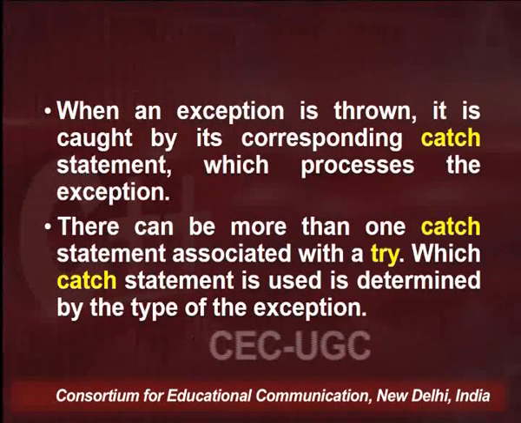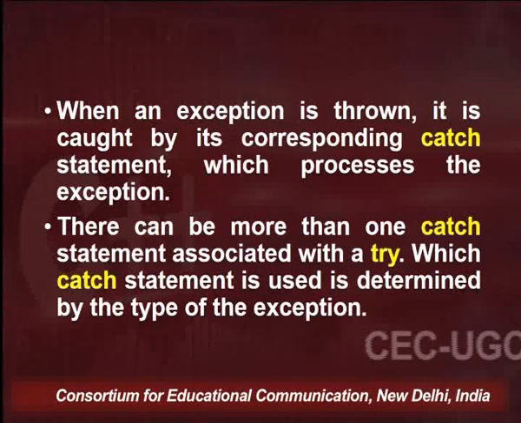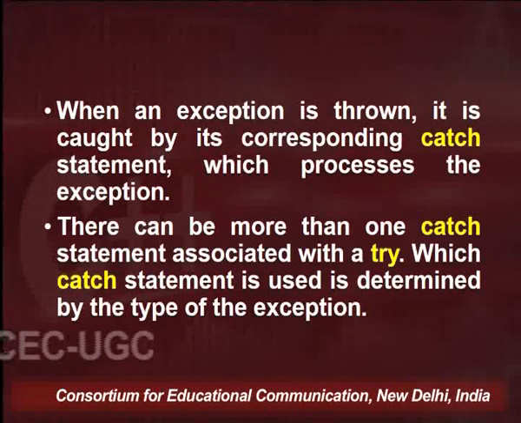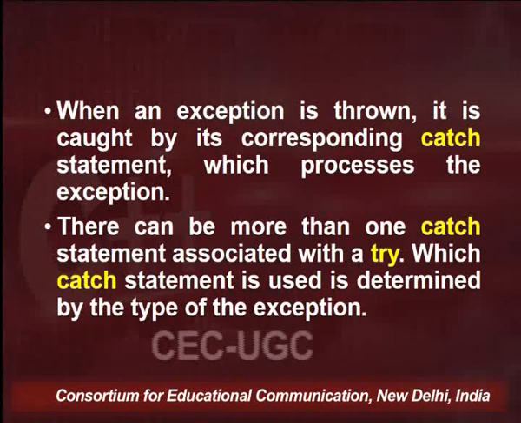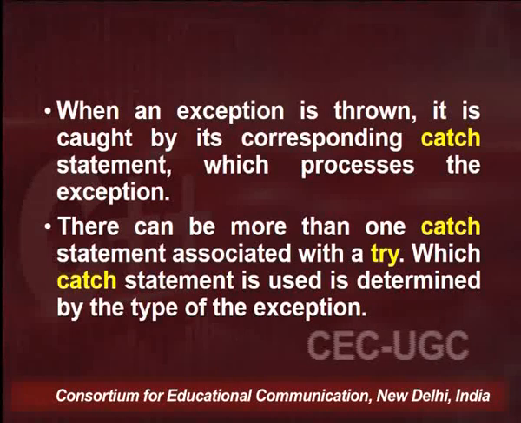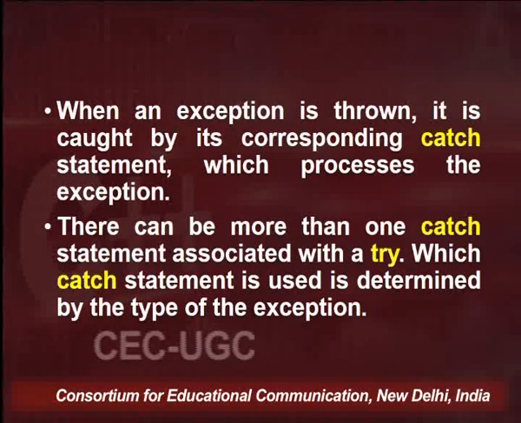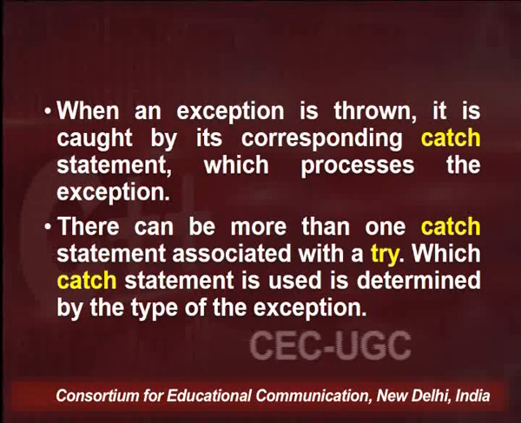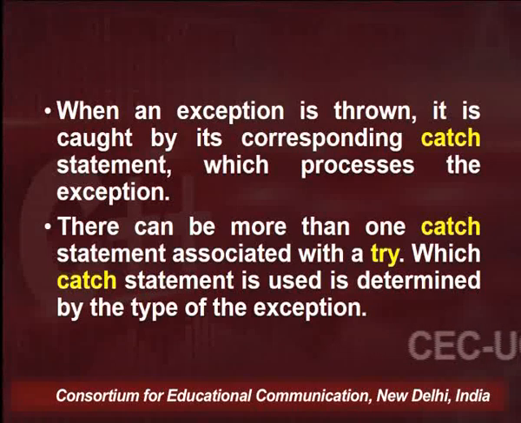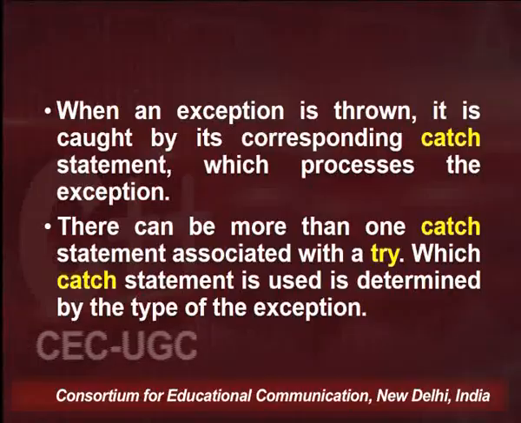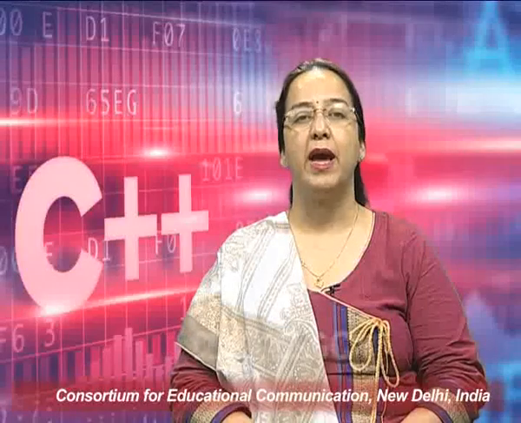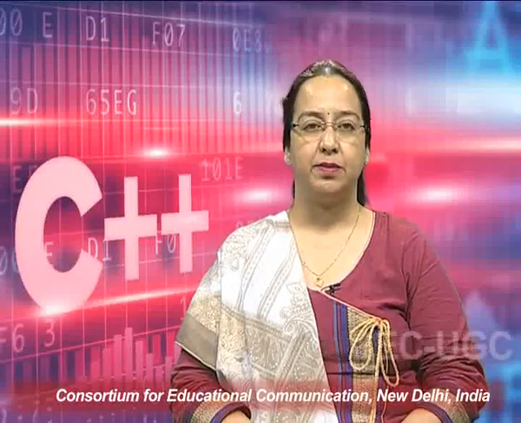Basically, when an exception is thrown, it is caught by its corresponding catch statement, and the code written inside the catch statement processes that exception. There can be more than one catch statement associated with a try, and which one is used is determined by the type of exception.